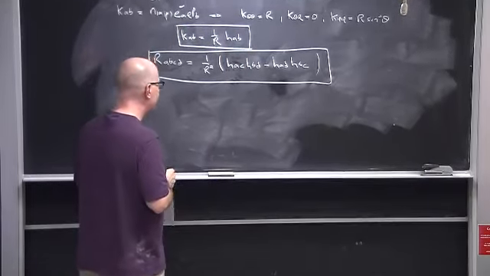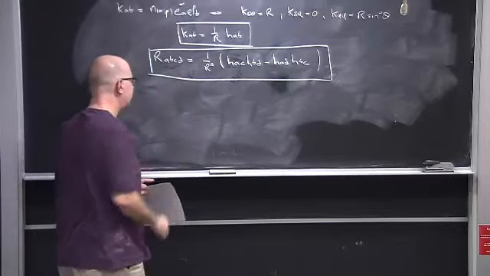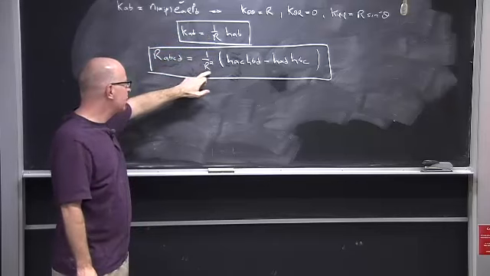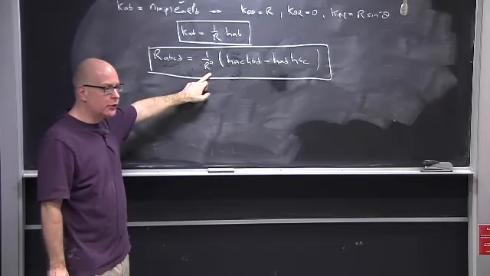And well, that's interesting. So the extrinsic curvature decreases as 1 over r. The intrinsic curvature decreases as 1 over r squared.